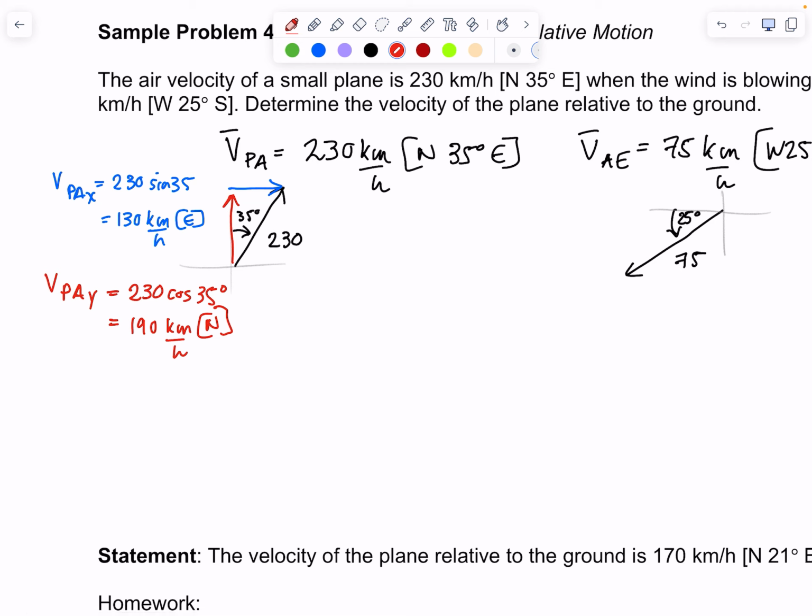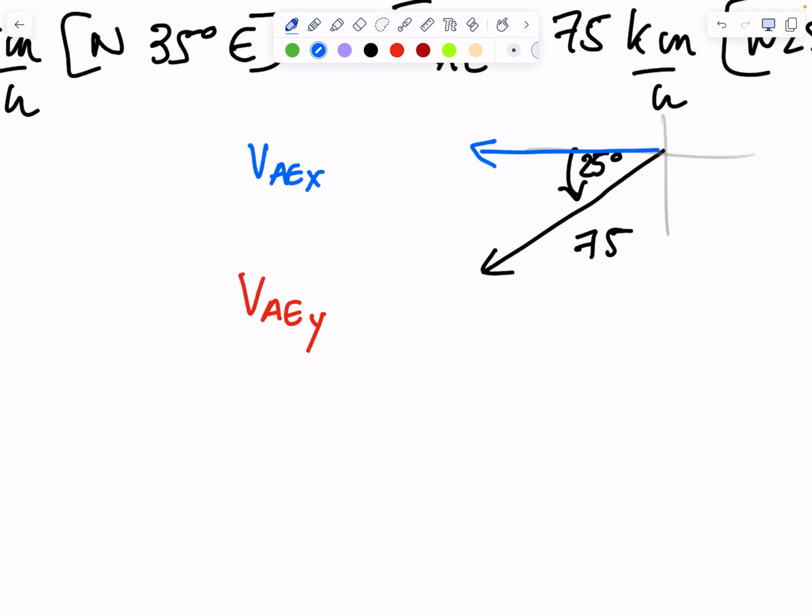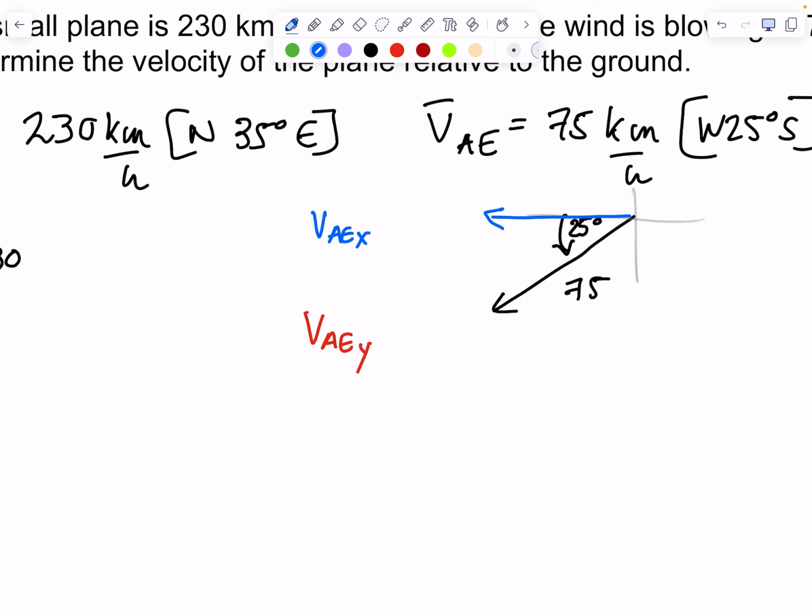We'll do the same for the velocity of the air relative to the Earth in the x direction and in the y direction. In the x direction, the x component is the adjacent with respect to the hypotenuse, so we get 75 cos 25 degrees.